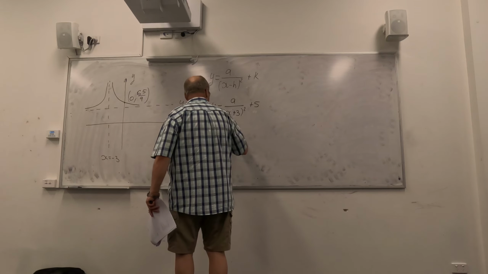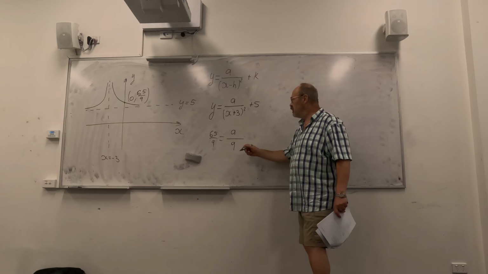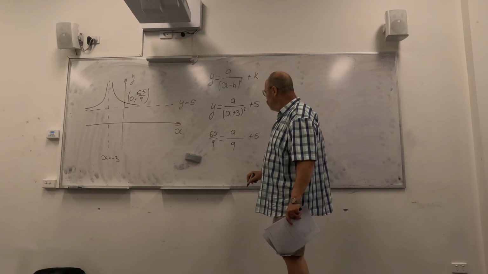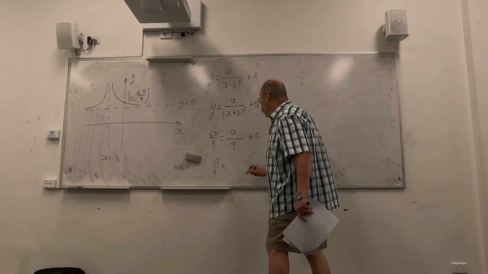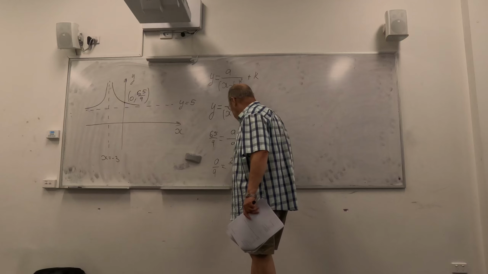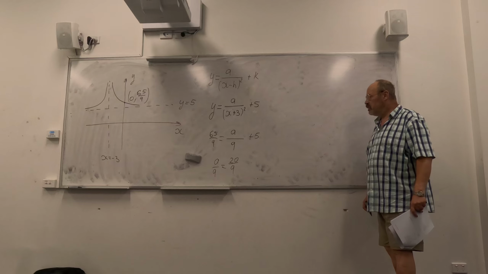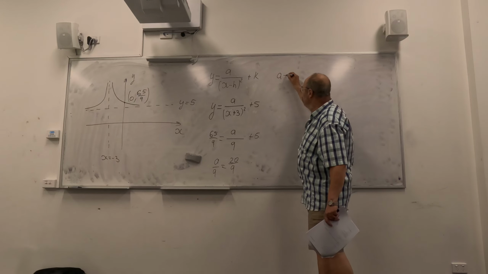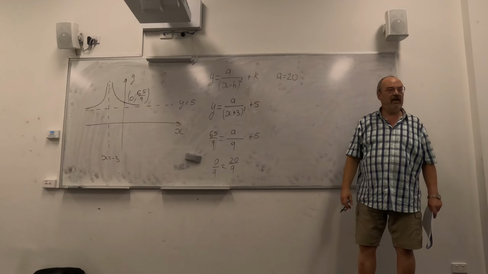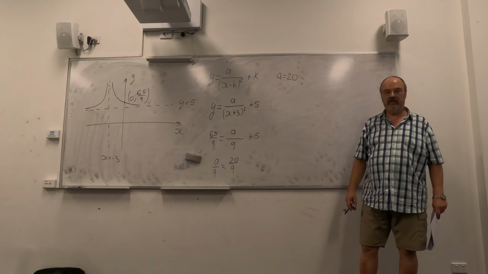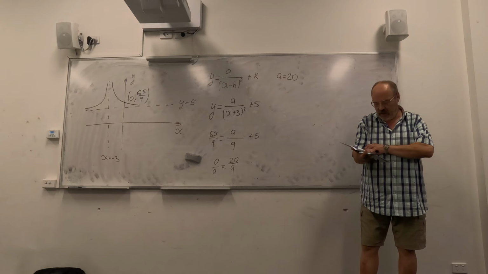So 65/9 equals a divided by 9, because x is 0 and 3 squared is 9, plus 5. So a over 9 will be equal to 20/9, which is 65 minus 45 over 9, so a equals 20. So we have identified the equation of this graph. Make sense? Yes.